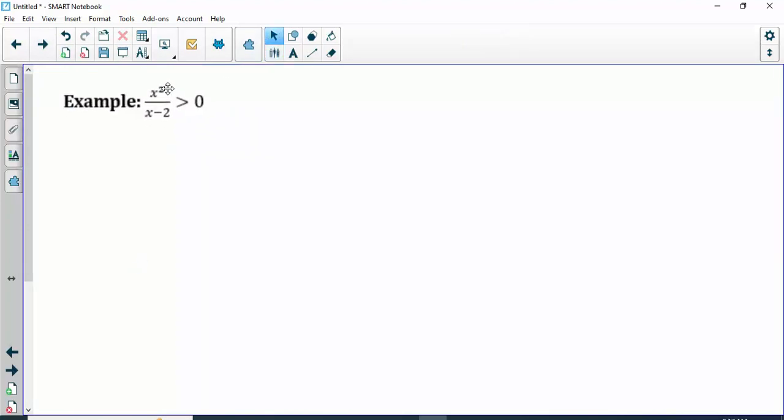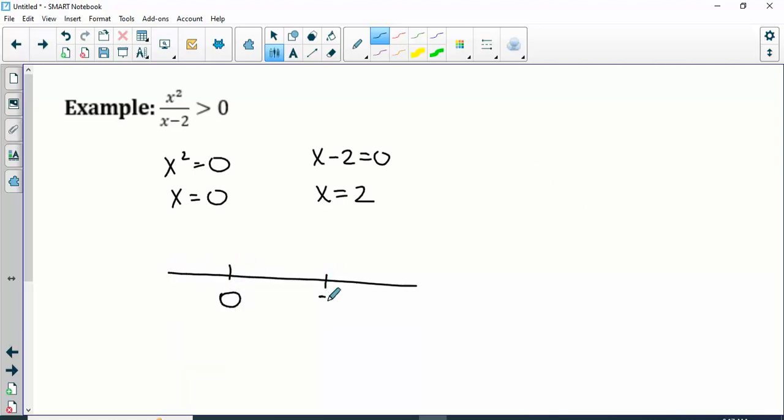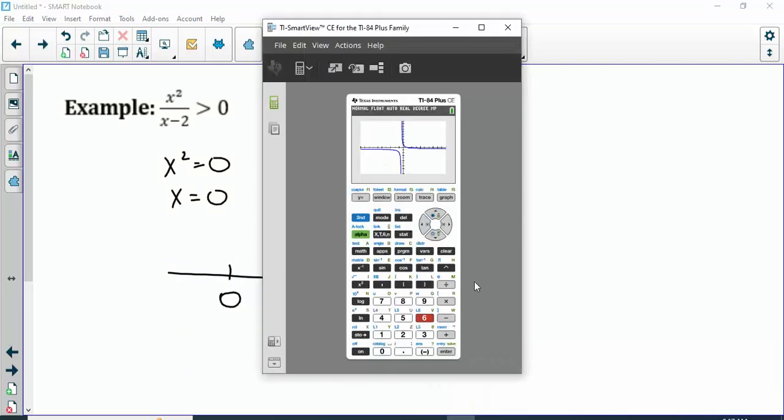What about the next example? It's already set up the way we need, isn't it? You just have to set the fraction on one side, 0 on the other. So what makes the top and bottom 0? 0 and 2. Okay. We graph this. There's a negative, negative.